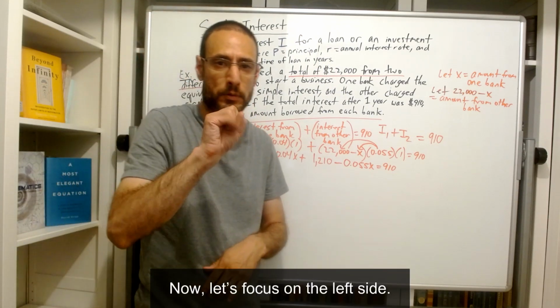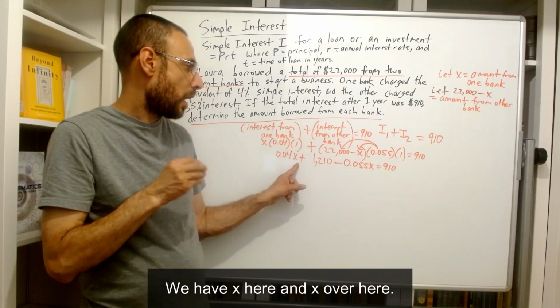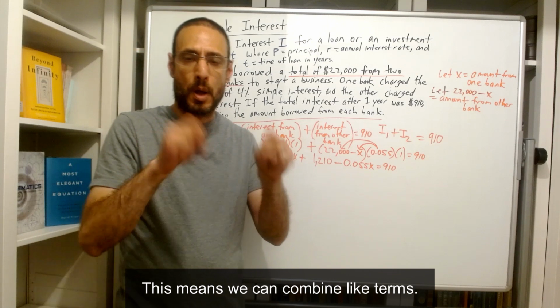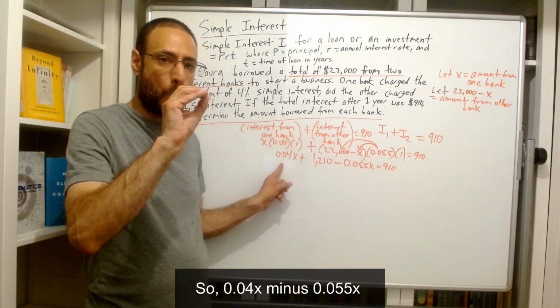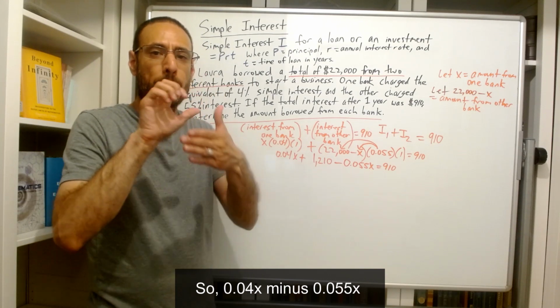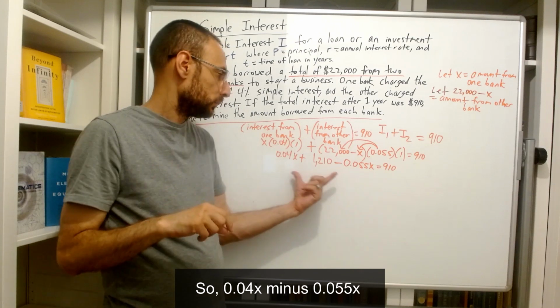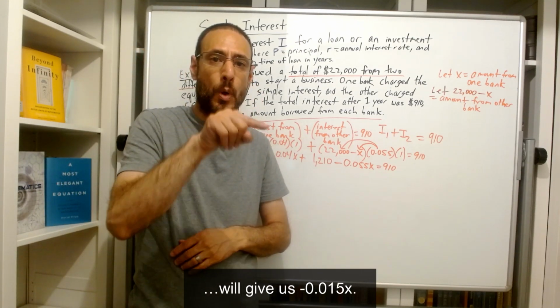Now, let's focus on the left side. We have x here and x over here. This means we can combine like terms. So, 0.04x minus 0.055x will give us negative 0.015x.